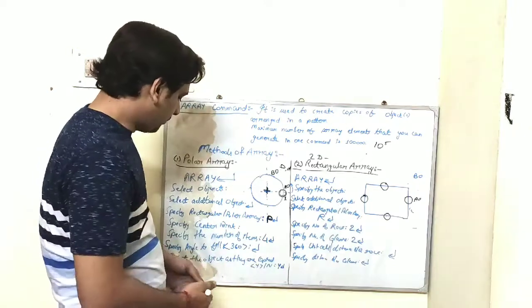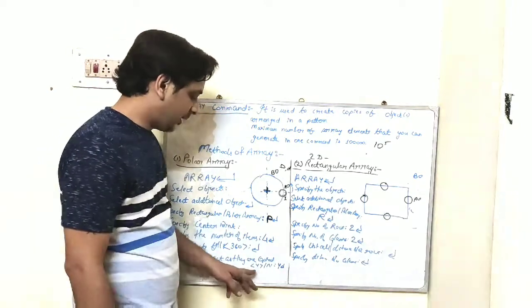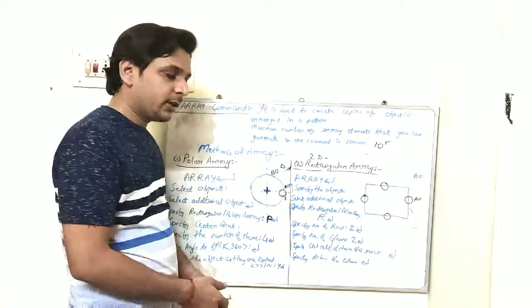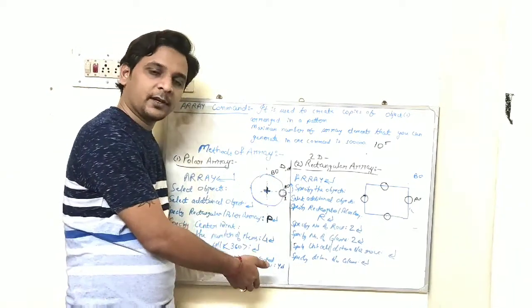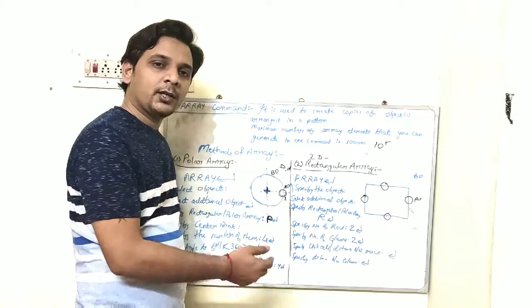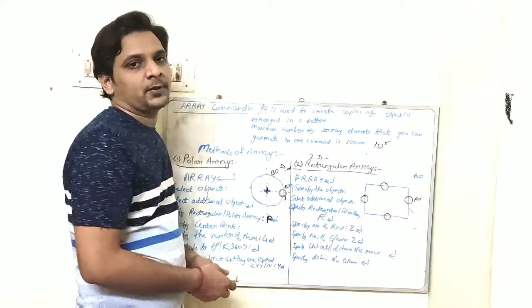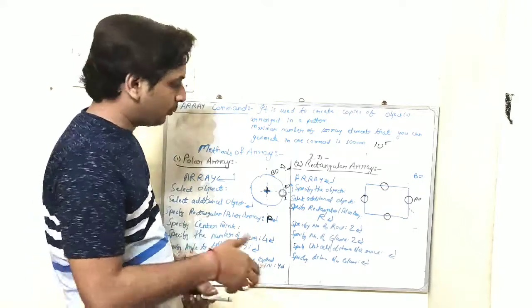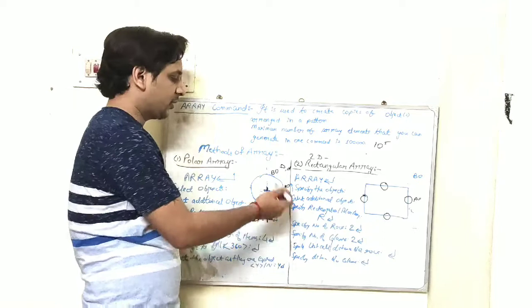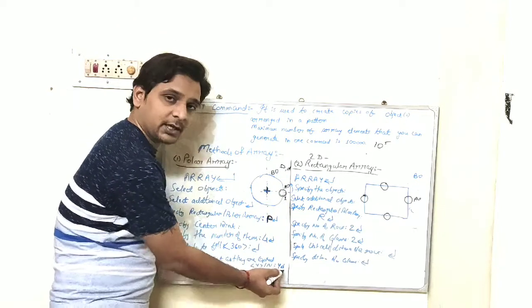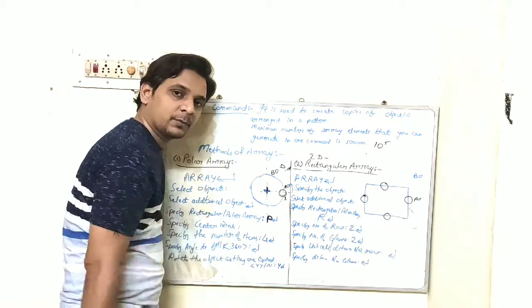Now the computer will ask you whether to rotate the objects as they are copied. If you want to rotate the objects when they are copied, then type yes and press enter key. If you do not want to rotate the copied objects, then type N and press enter key. So I am going to rotate the objects when they are generated, so I have given Y and selected yes and pressed enter key.